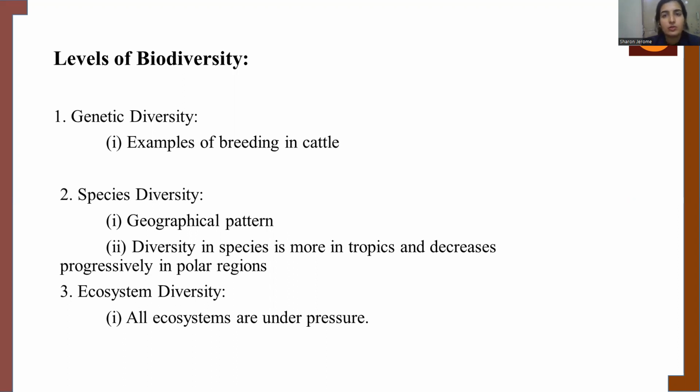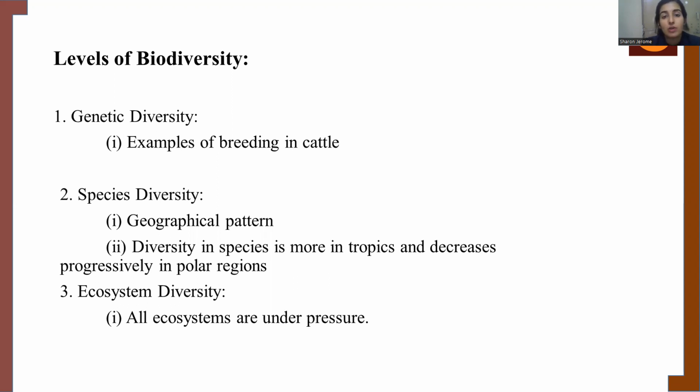Because in the tropical regions the surroundings, temperature and humidity are all in ambient condition. Whereas when we go to the polar region or the desert regions, the conditions are extreme, where only a particular set of organisms, plants or animals, are adaptable to it. Not all can withstand or live in those areas. So that is why there is species diversity.